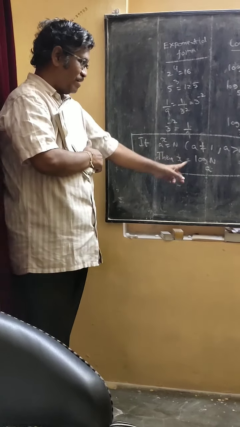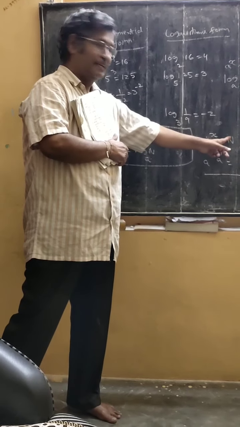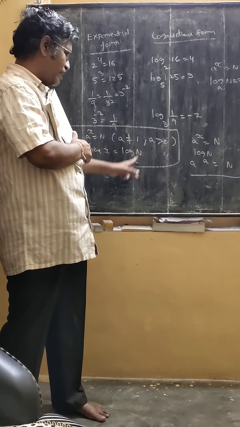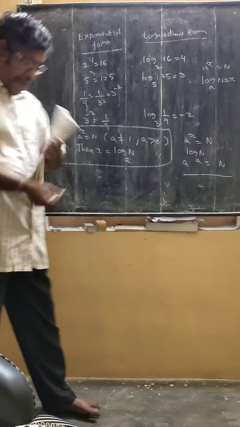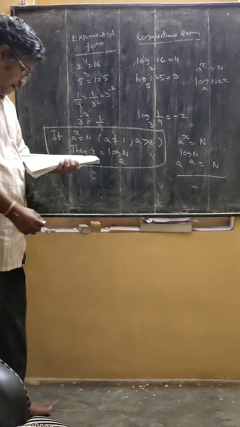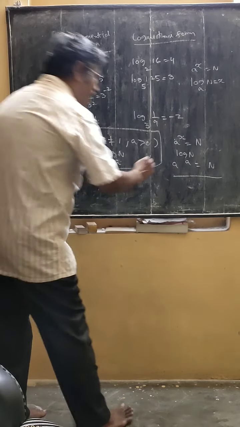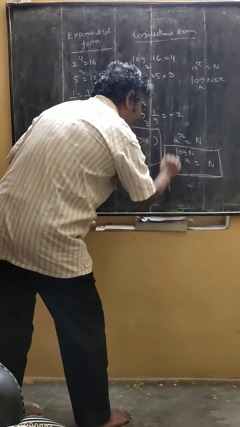A power x means how much? Log n to the base a. So a power log n to the base a is n. We got a very important identity.